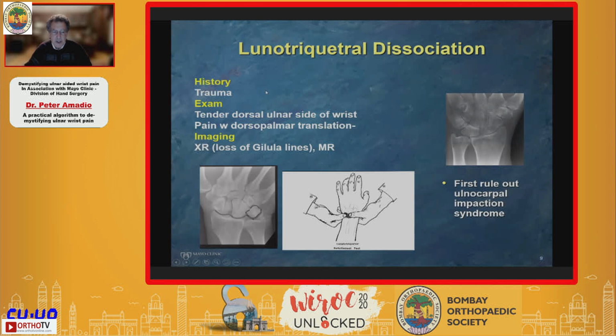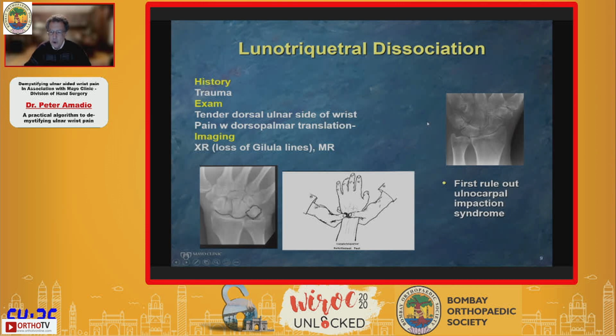LT dissociation frequently is traumatic. Again, there'll be tenderness over the lunotriquetral joint. You can ballot, translate the lunate against the triquetrum and feel for instability and see how much pain that might cause. And of course, on the x-rays, you can see a loss of Gilula's lines.